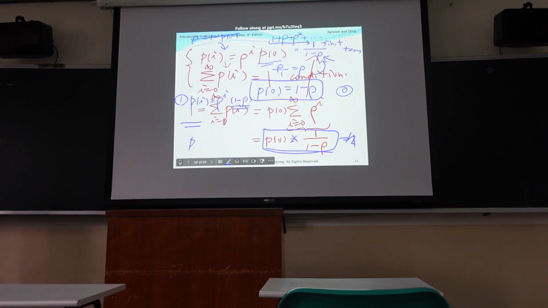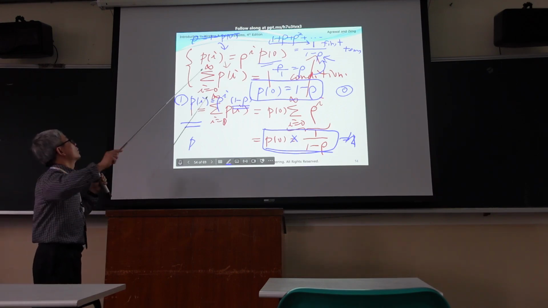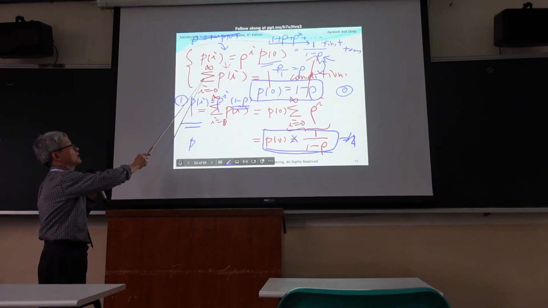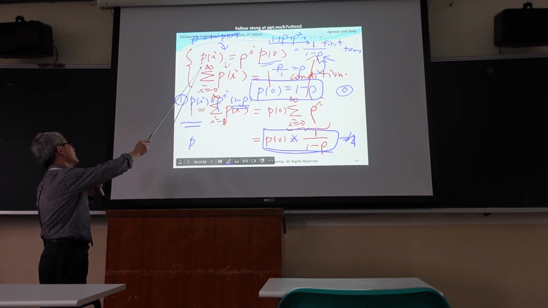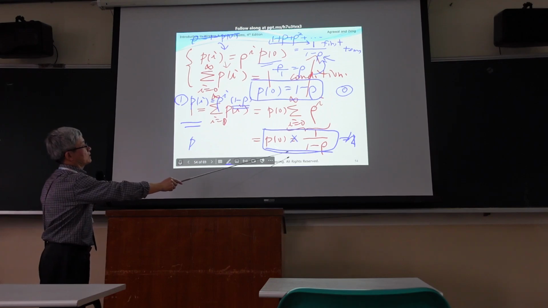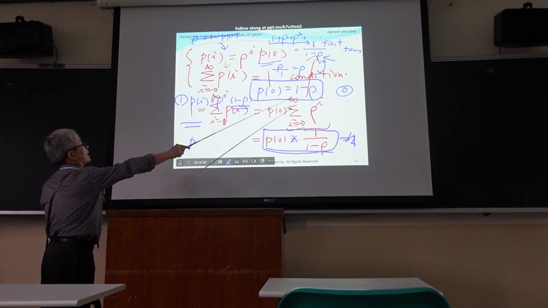And we have both of them here. We have a balance equation, but we have a condition, a missing condition. Put them together, we can have P of 0. P of 0 equal to this, 1 minus rho.